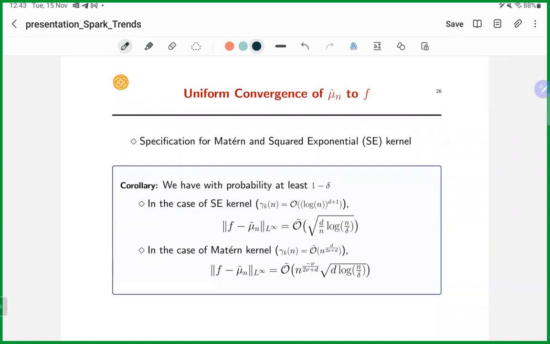Matern and squared exponential are perhaps the most common kernels in practice. In the case of a squared exponential kernel, the result I showed on the previous page means order 1 over square root n uniform convergence to f for mu tilde. For the Matern kernel, it's a polynomial convergence slower than 1 over square root n.